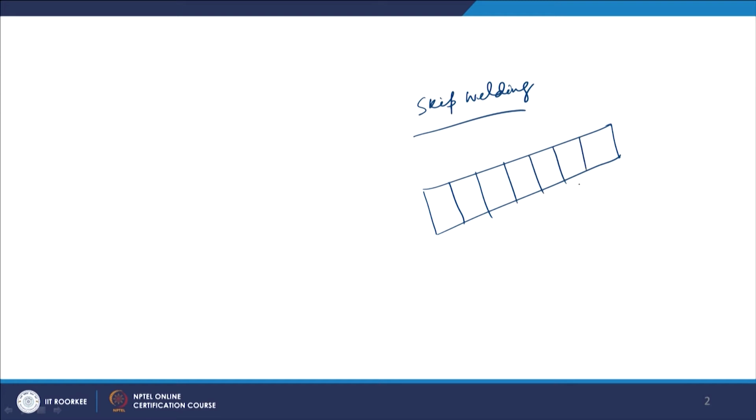Suppose these are the 7 sections. What we do normally is that we go for skipping. One part of the seam is welded, and then another part which is away from that particular part.